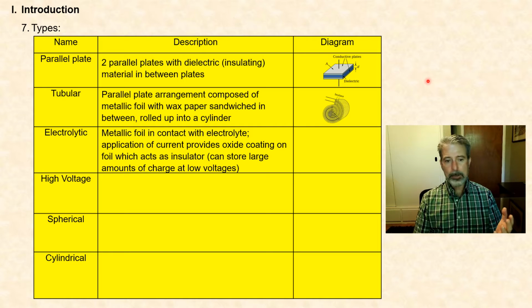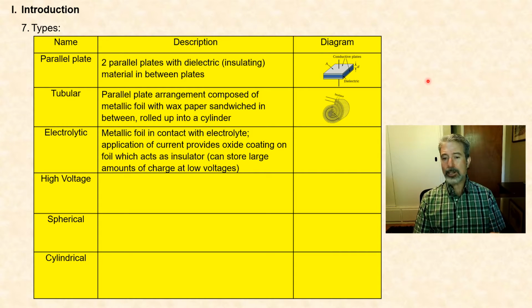An electrolytic capacitor really is a tubular capacitor where the metallic foil is in contact with an electrolyte, some sort of ionic compound in water solution. And when a current is applied to the conducting material, it causes oxidation of the metal. And that oxide coating on the foil serves as the insulating medium.